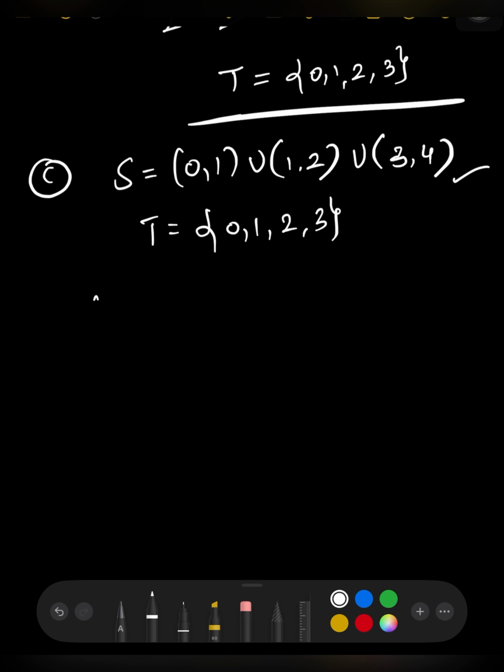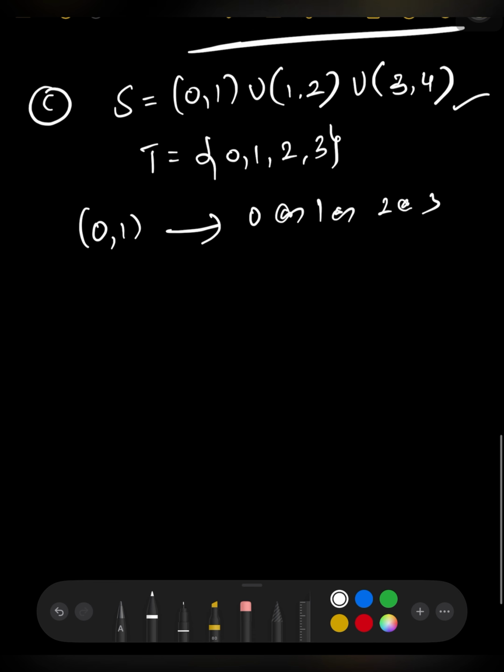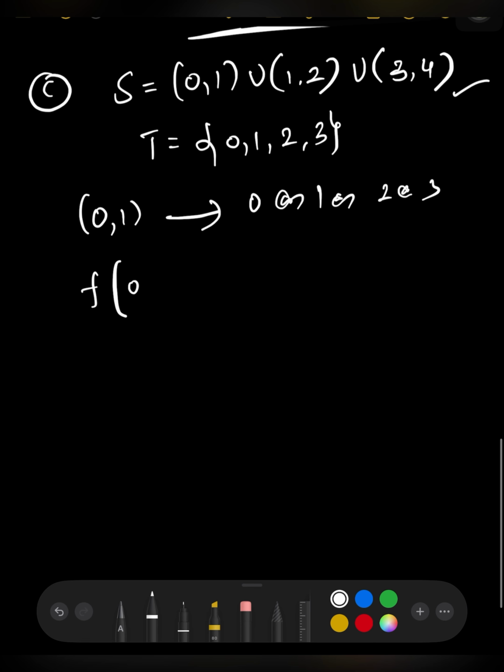So suppose you take the interval from 0 to 1, we have 4 possibilities that make the function continuous. In between 0 to 1, the value will be either 0 or 1 or 2 or 3. Means f of x equals either 0 or 1 or 2 or 3.